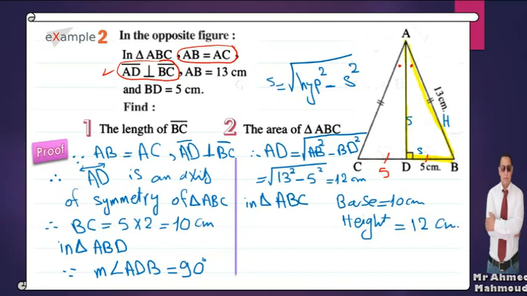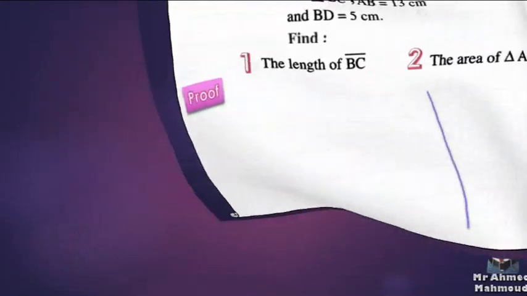Then the area equals half times base times height, equals half times 10 times 12, equals 60 centimeters square. The next example.